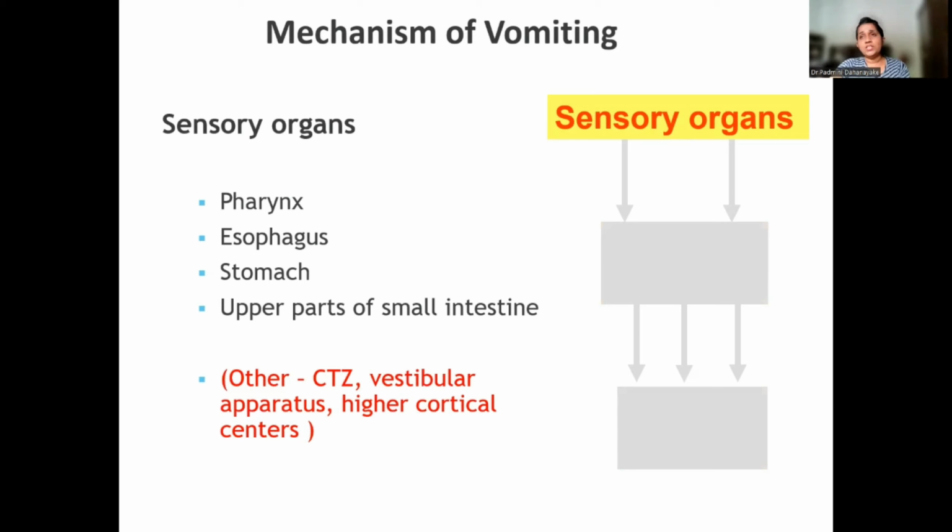And other than the GI related sensory organs, we have non-GI related sensory organs as well, such as the chemoreceptor trigger zone, the vestibular apparatus, and higher cortical centers. What are these? What is the chemoreceptor trigger zone? What is this vestibular apparatus?